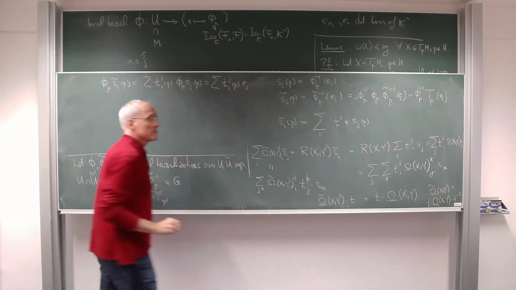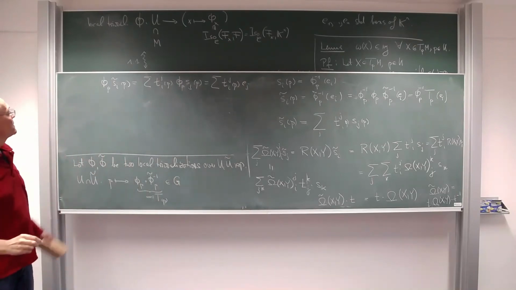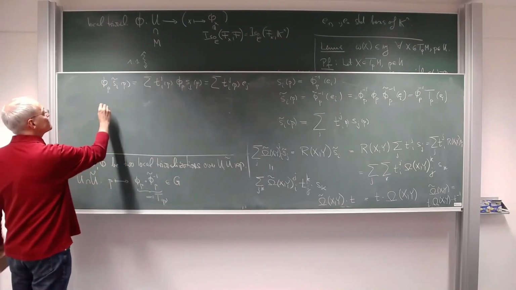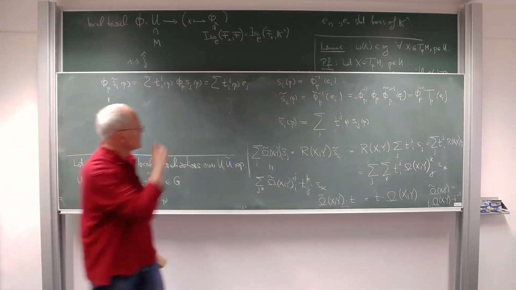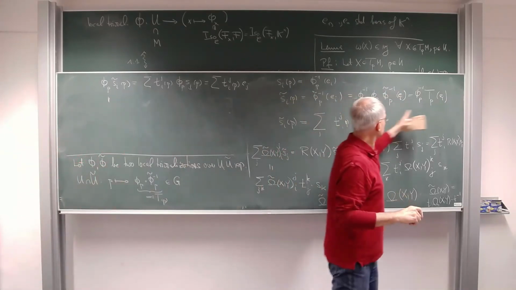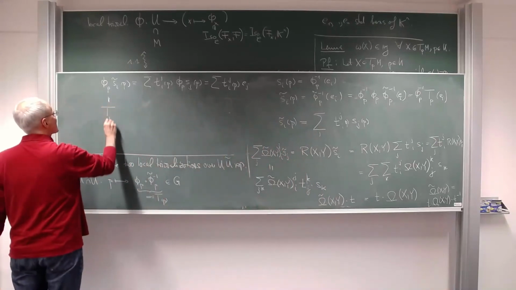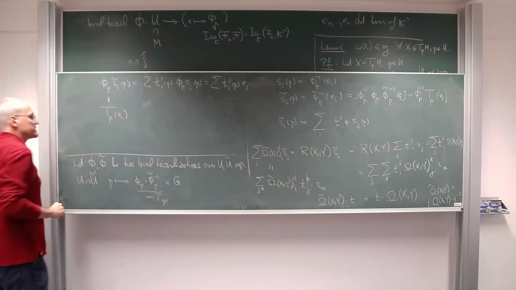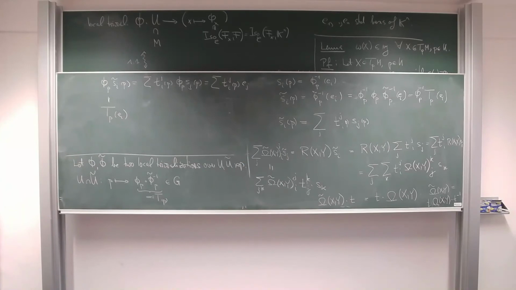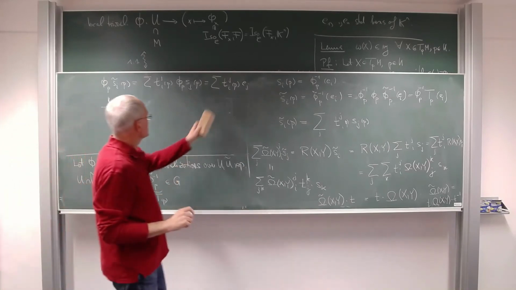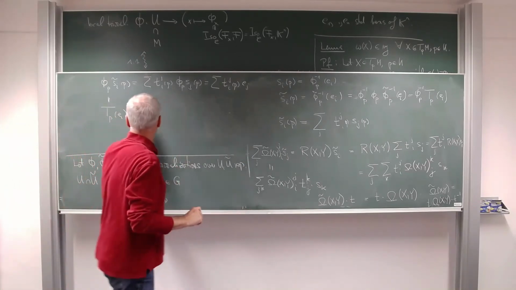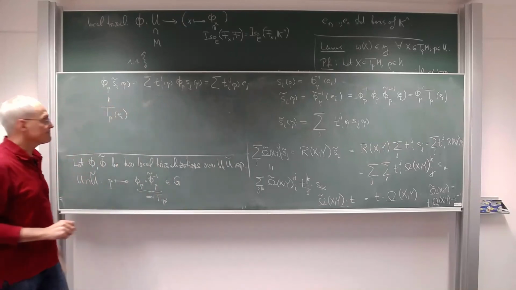And here I have this on the other side, so that's T_P of e_i. Yes, so finally, that shows us that this is indeed the representing matrix of T_P in the standard basis.